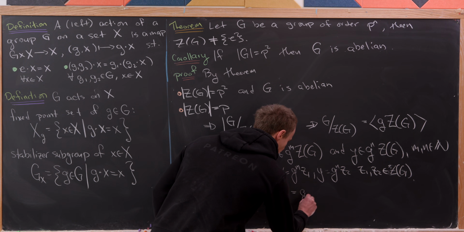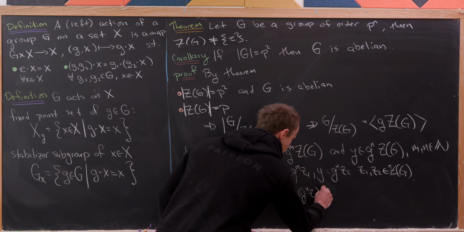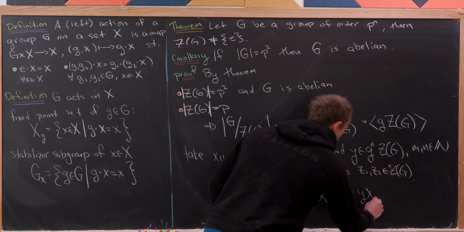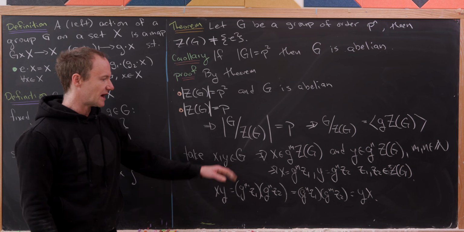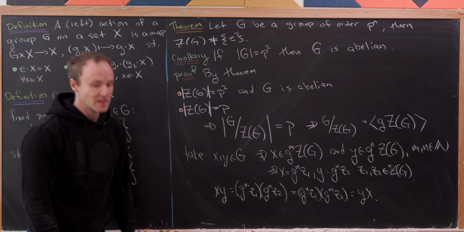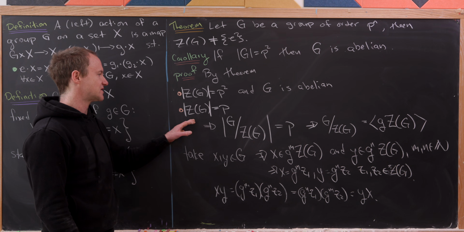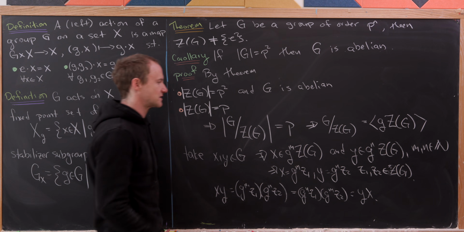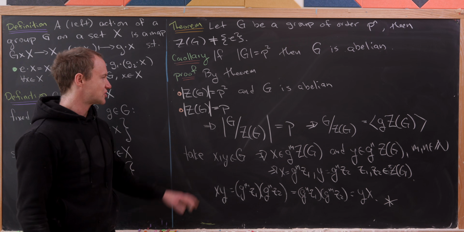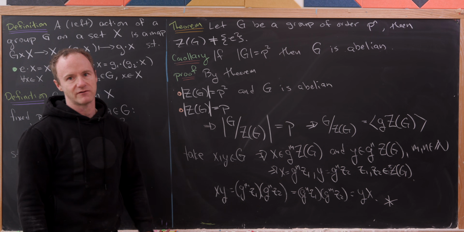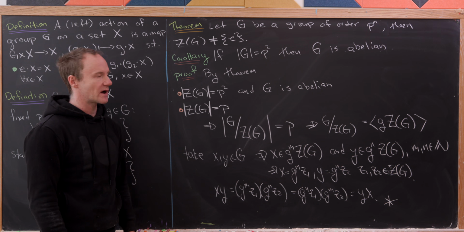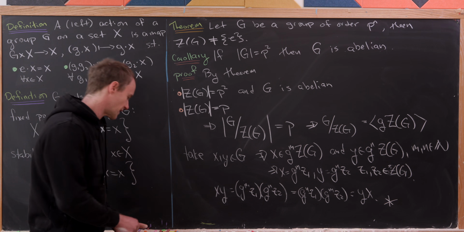Putting that all together, we can write it as g^n z1 g^m z2, but that's going to be equal to yx. But xy equals yx is what we need to show that this thing is abelian. But if this thing is abelian, then the center is not p, it's p squared. So we found a contradiction, contradicting the fact that the center could have order p, meaning that the center had to have order p squared, meaning the group was abelian to start with.